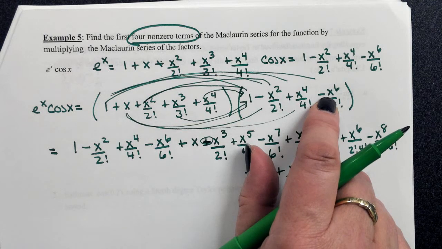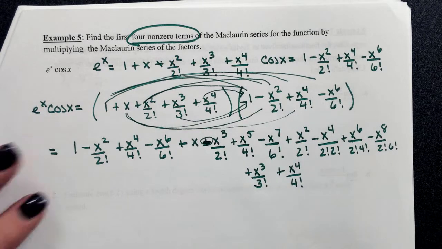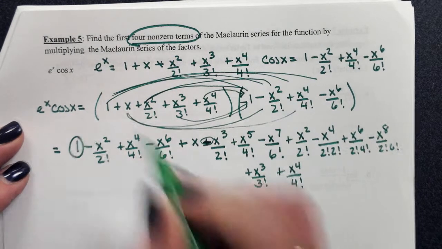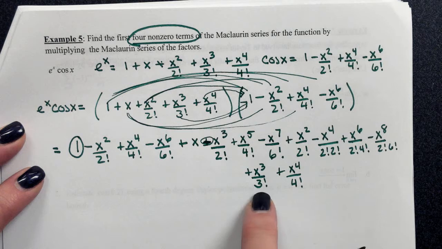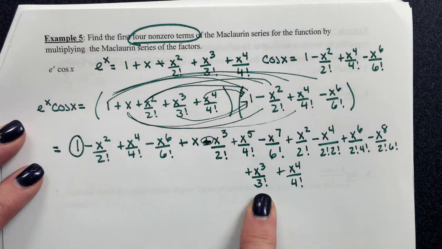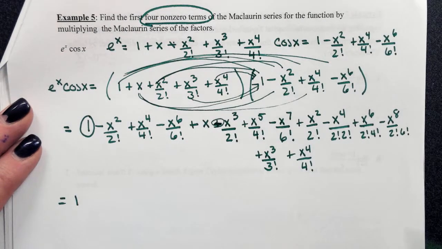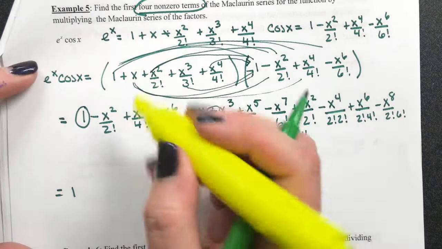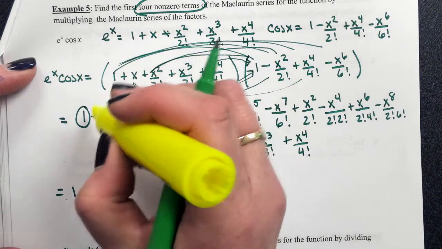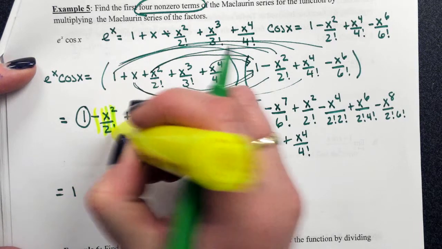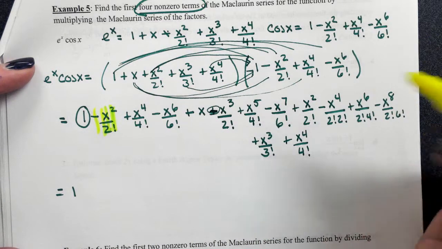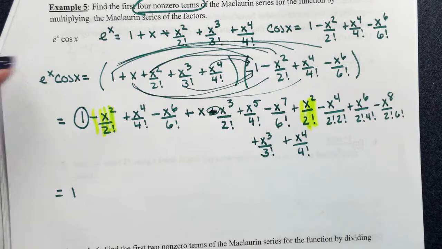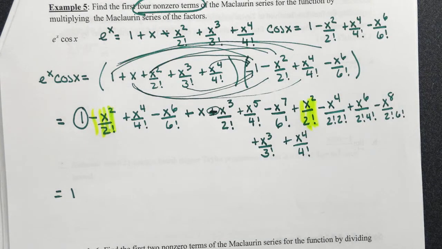All right? So now let's start combining like terms. I'm starting with my constant. Are there any other constants that I generated that don't have an x in it? No. So I'm going to start with 1. I've got x squareds, so identify all your terms that have an x squared. I have an x squared here, and an x squared here. I think I got them all, don't I?